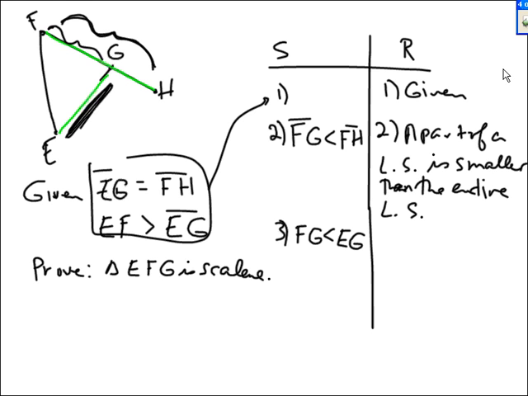So that means that FG is smaller. And basically, what did we do here? Well, remember, in one of the givens, we have that FH is EG. Well, all I did was replace FH with EG.